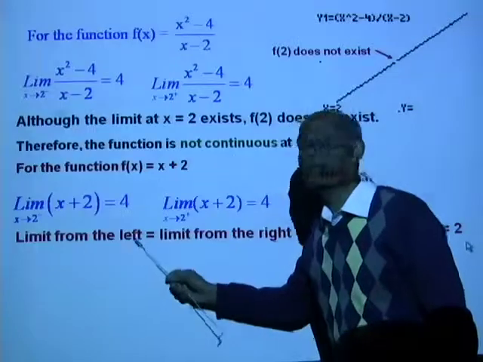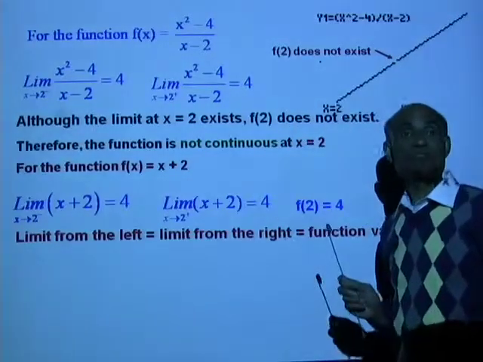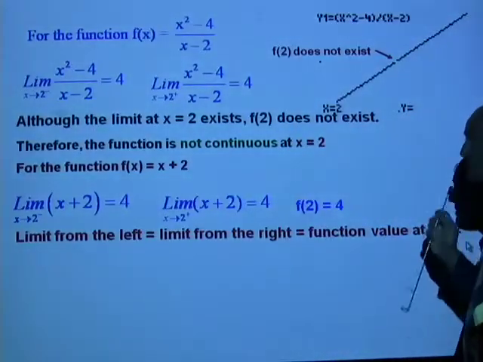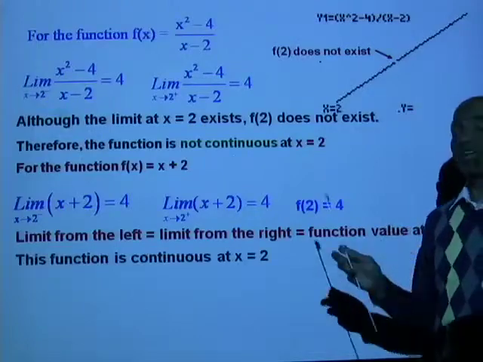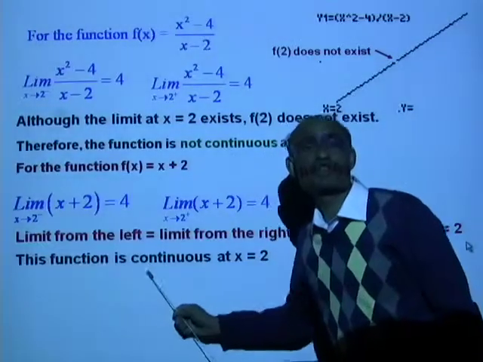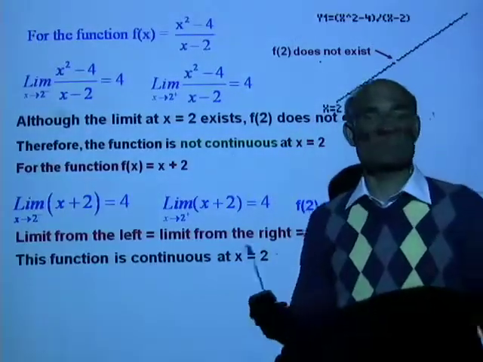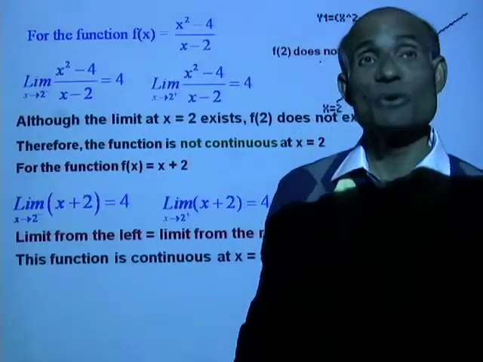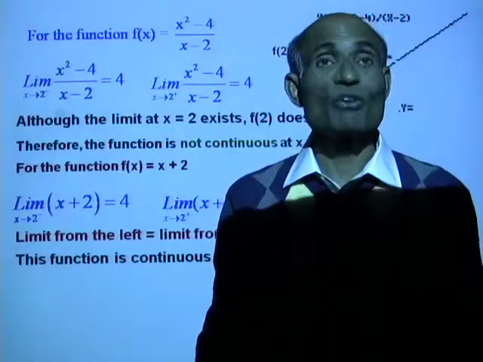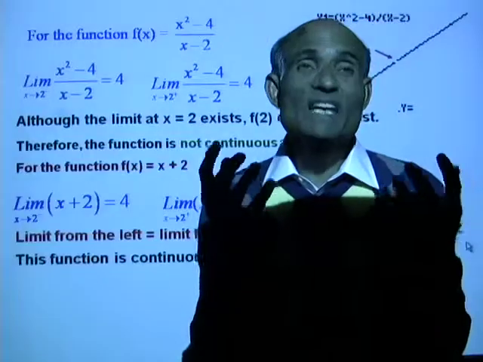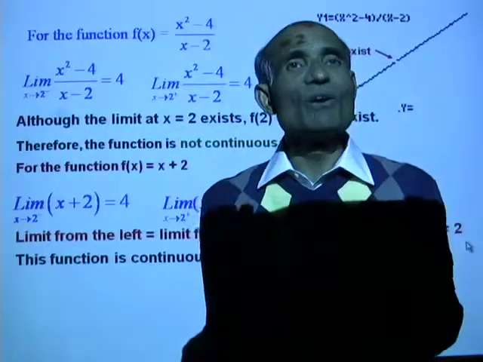The limit from the left equals limit from the right equals the function value, and that means the function is continuous at x equal to 2. So if I ask you, what is the condition for a function to be continuous at x equal to c, what will you tell me?